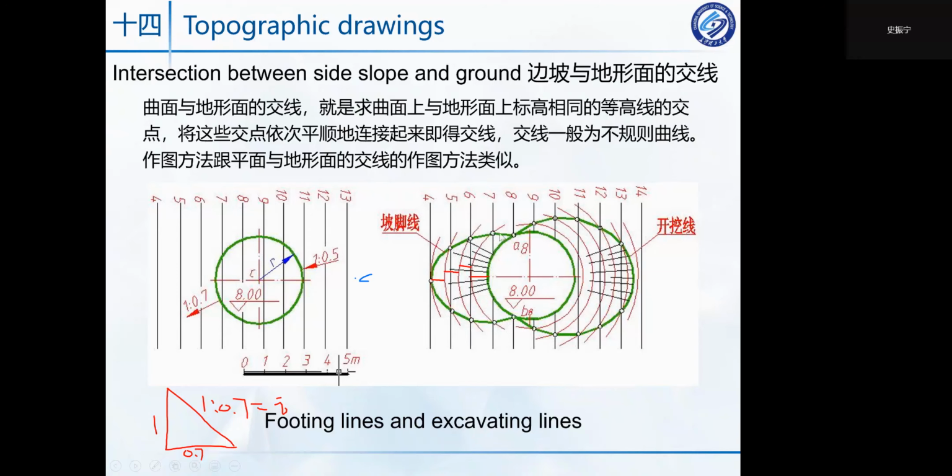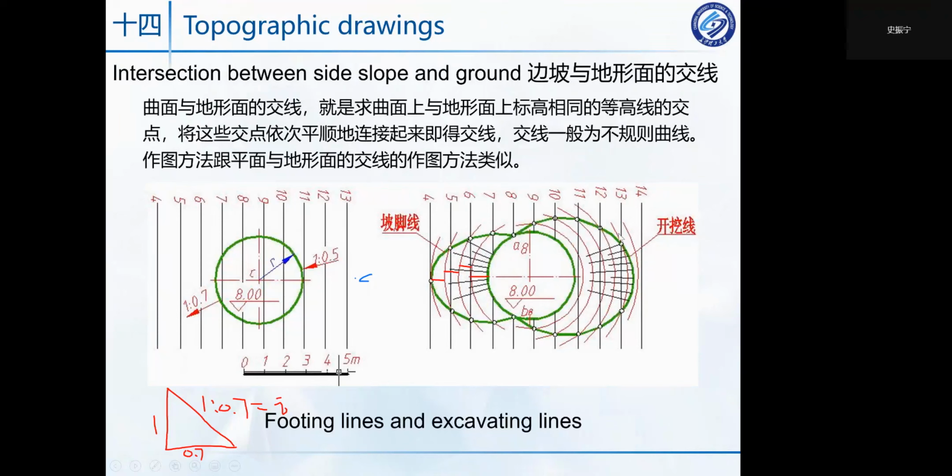So connect them together, and you will get the intersection line between the surface of the cone and the plane.